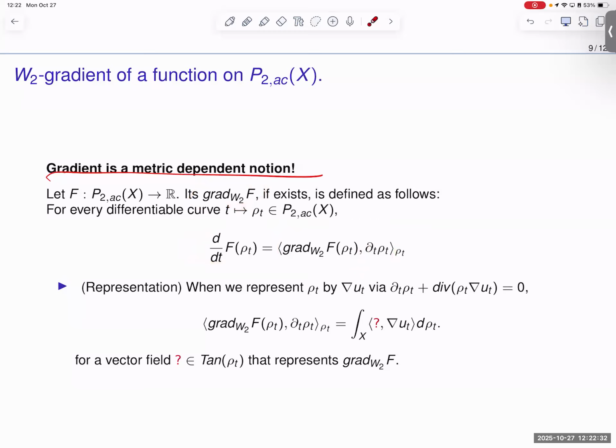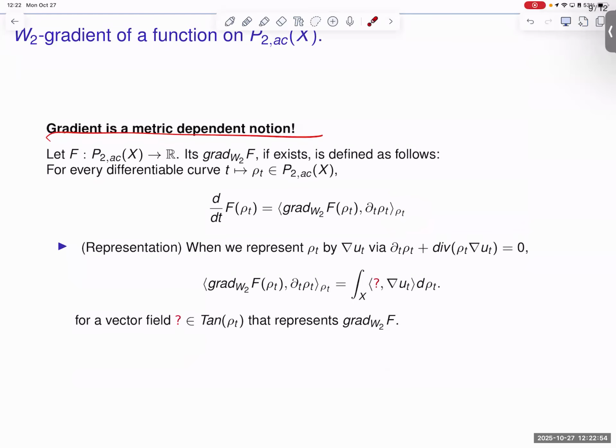Of course, such a gradient depends on the metric. If you have a different metric here, then you will have a different representative. So gradient is a metric dependent notion. Without a metric, you cannot define a gradient.